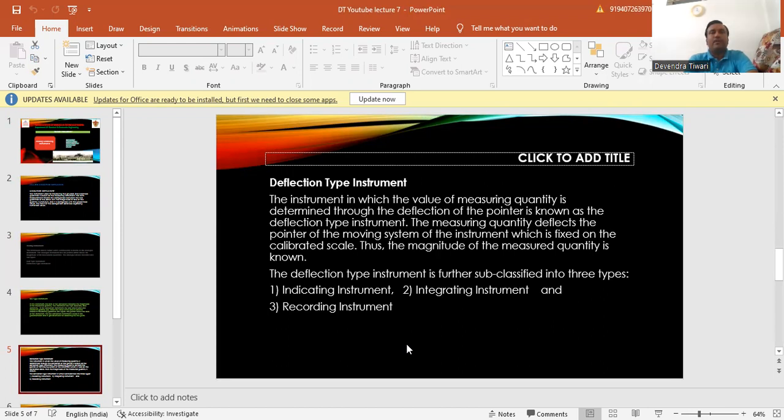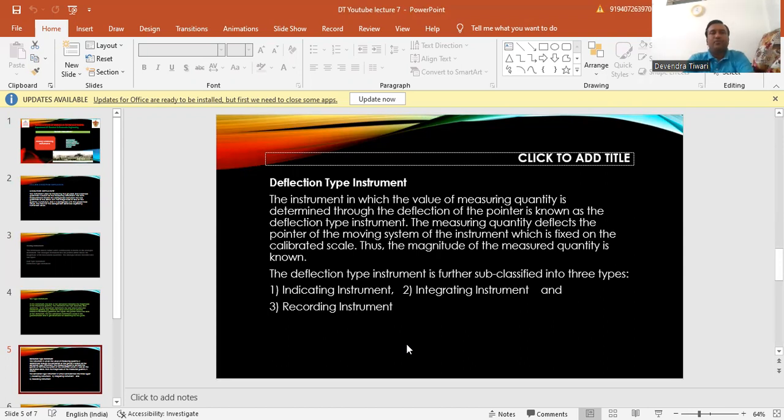In this way, we get the magnitude of the measured quantity by the movement of the pointer. That means the pointer will deflect towards the value of the measured quantity. That means it shows the measured quantity by the deflection of the pointer.